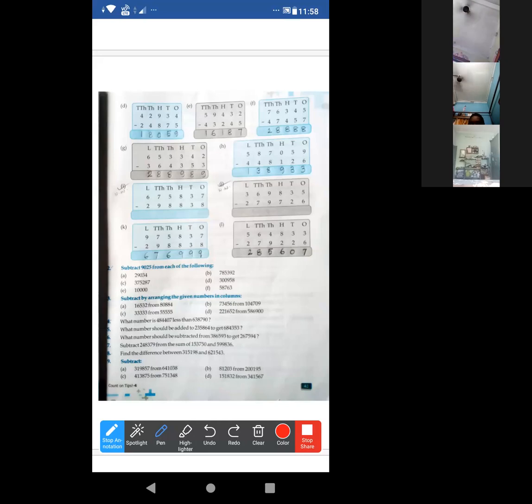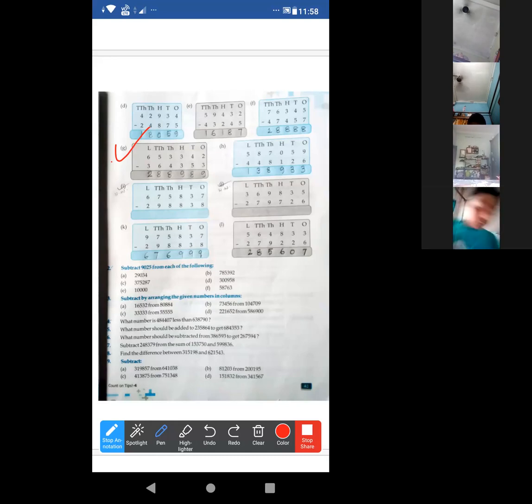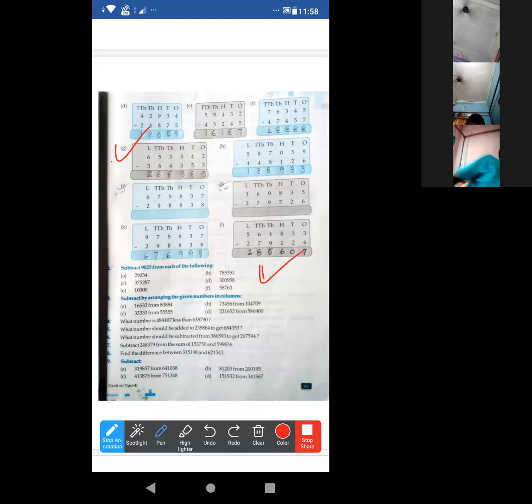Number 2, I explained, so write number 2. Ma'am, yesterday you did up to question number 2B. Yes, 2B. I remember, but today I am telling for those who were unable to write yesterday. Okay, I am showing it one time. Complete this first.